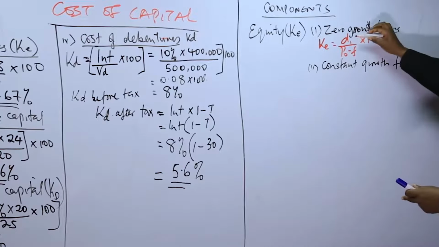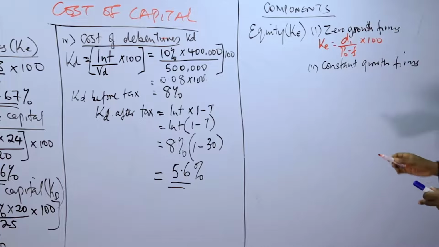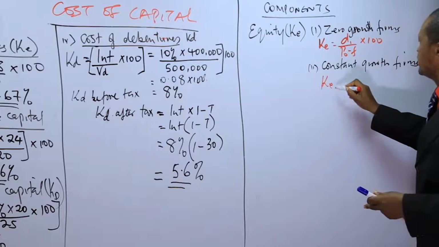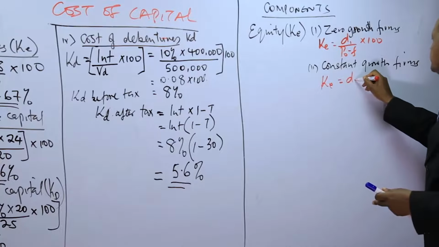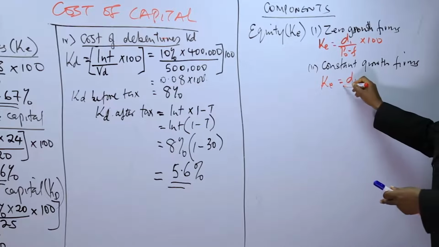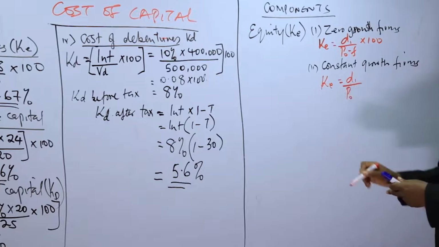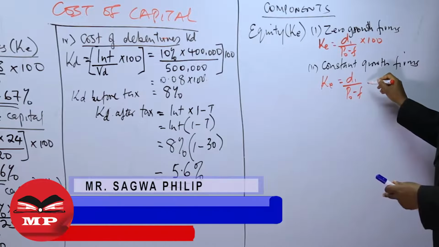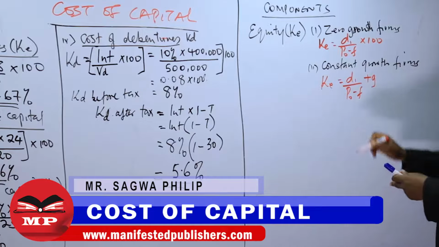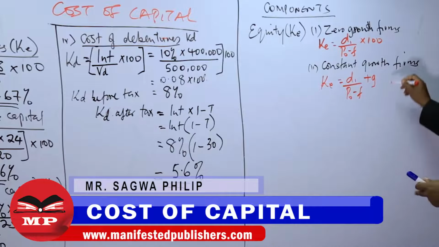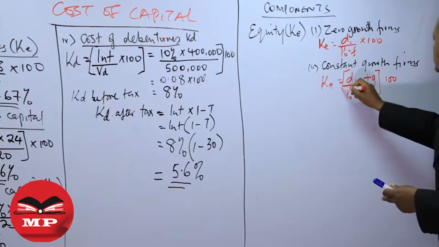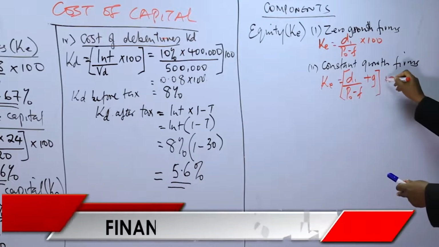For constant growth firm, we have said that the formula KE will be equal to the dividend per share over P0, which is the market price per share, minus flotation cost, plus G, which is the growth rate, times 100. Converting this into percentage.